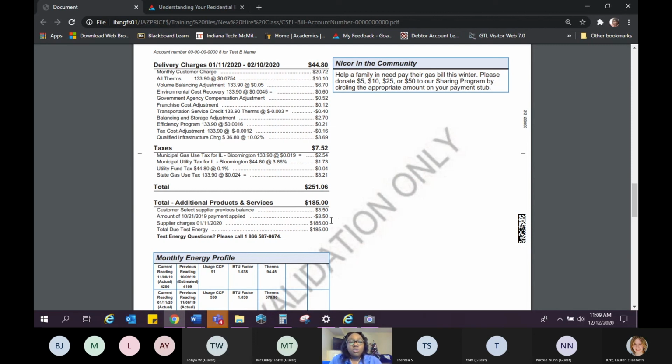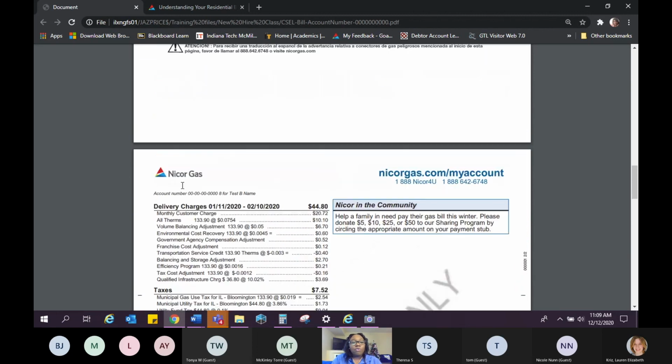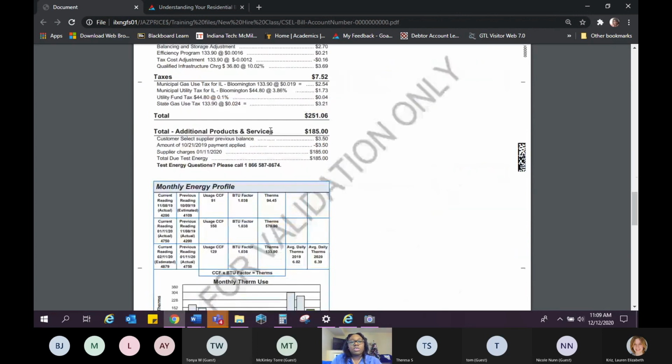We can go over meter reading. We can definitely go over delivery charges, but when it comes to the third-party charges, that is a conversation that you would have to have with that company. But if you're unsure, of course, give us a call. We'll be more than happy to go over what we can as far as the bill.